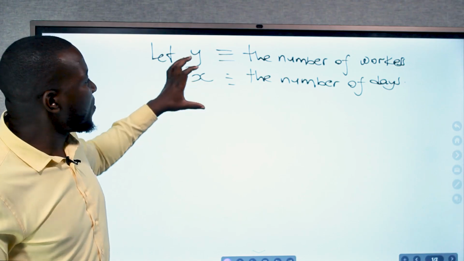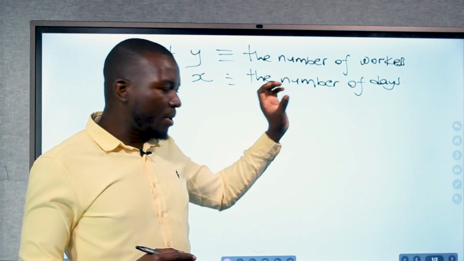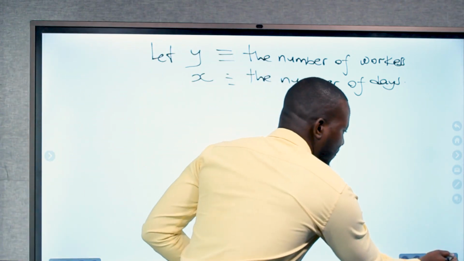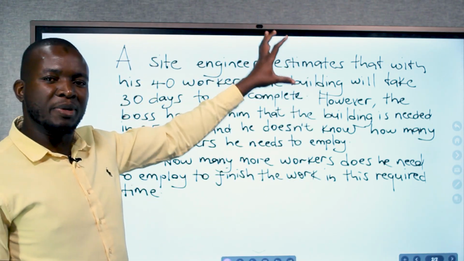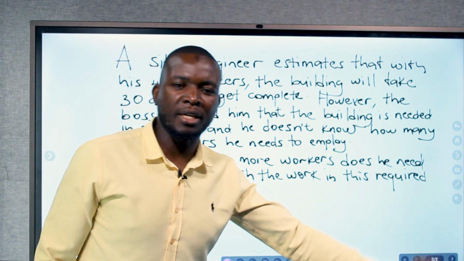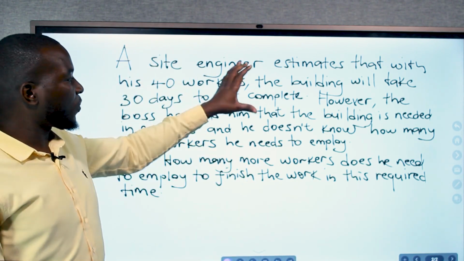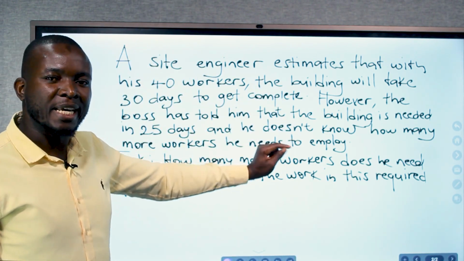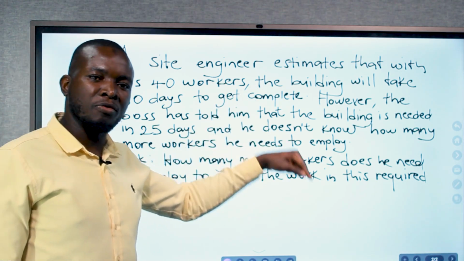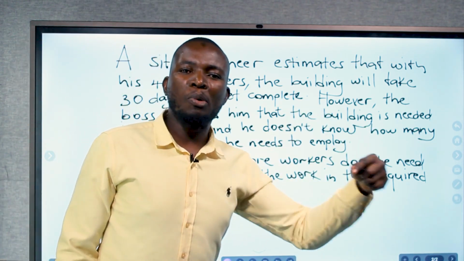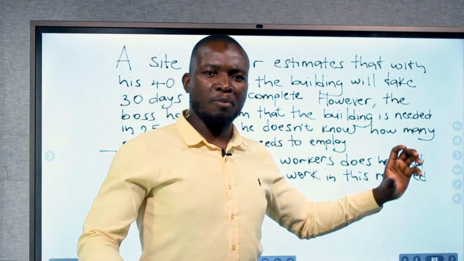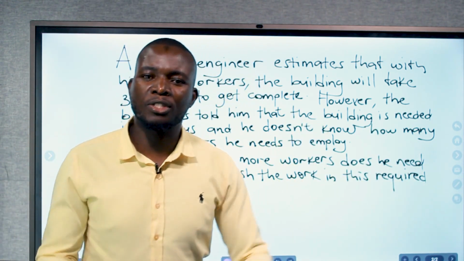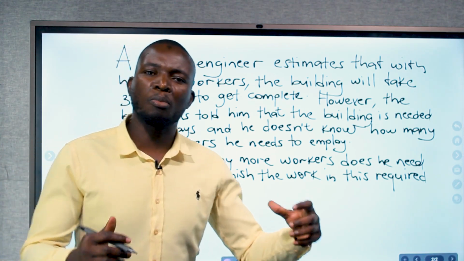Now, after doing that, you have to look at the information given clearly and ask, from which chapter is this content? When you look at this content clearly, you will notice that it's from the chapter of ratio and proportion. Ask yourself still, which kind of proportion?